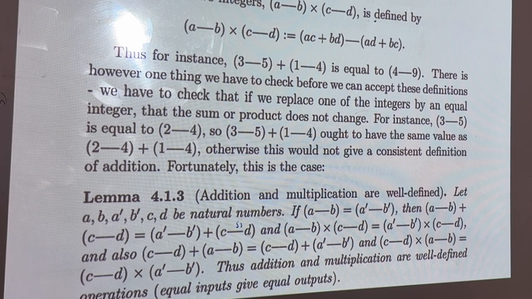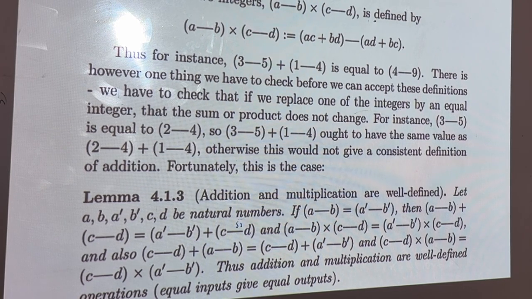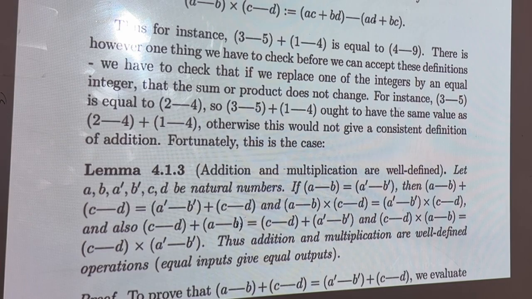Again from the other side, c—d plus a—b is equal to c—d plus a'—b'. So many dashes. Whether you get it from the front or back, left side or right side, you have to end up with the same answer. Thus addition and multiplication are well-defined operations. Equal inputs give equal outputs.